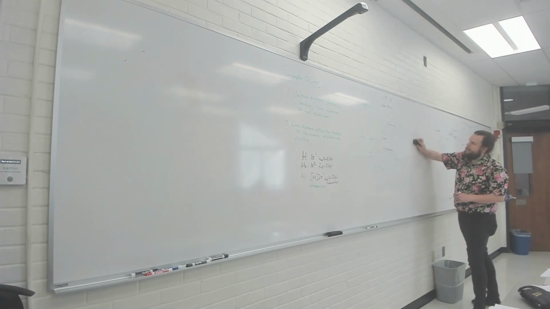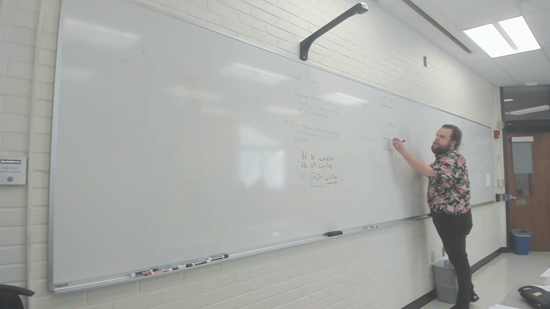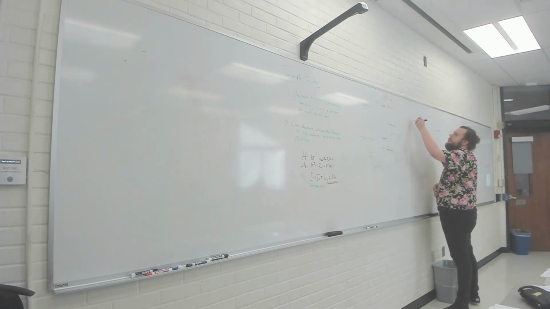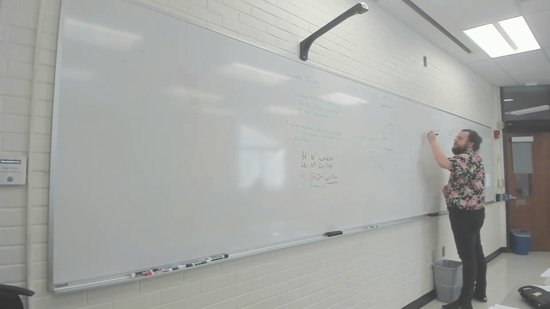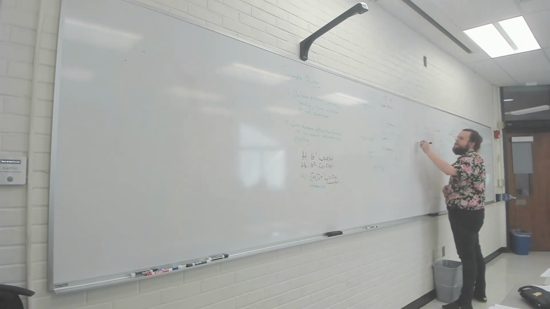So let's think about where we start from. Oh, I need to connect this here, like that. There we go. So here's my 1s orbital. It's a sphere. And then my 2pz looks like this. This is my nitrogen 2pz, and this is my hydrogen 1s. We add them together.